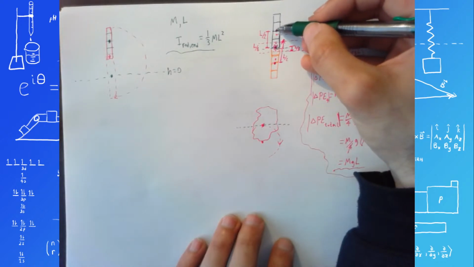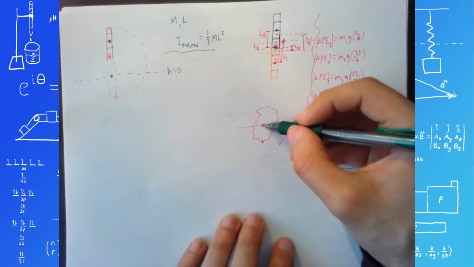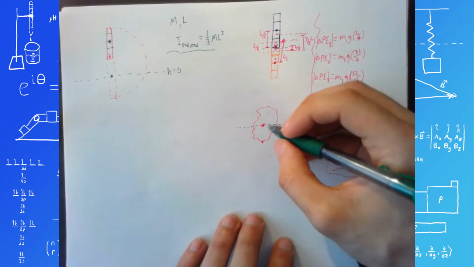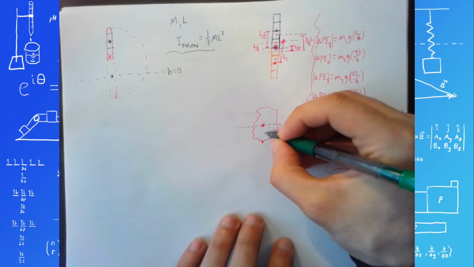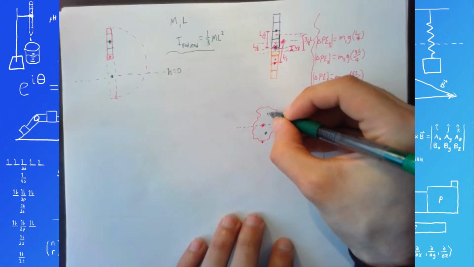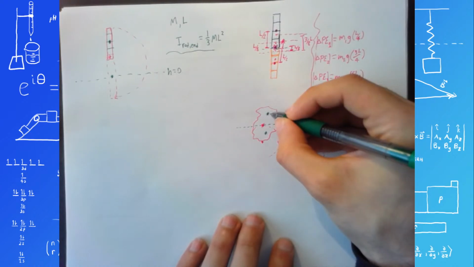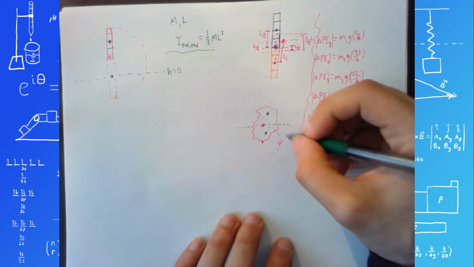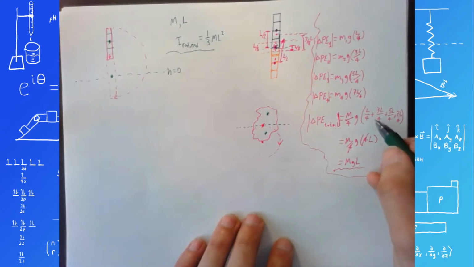Here I chopped the rod into 4 pieces. Here I'm chopping the blob into 2 pieces, and those 2 pieces, wherever their centers of mass are, maybe this one has a center of mass here, and this one has a center of mass there, you could calculate the change in potential energy for each of their centers of mass and end up with something like this again.